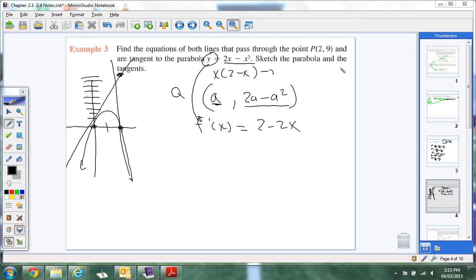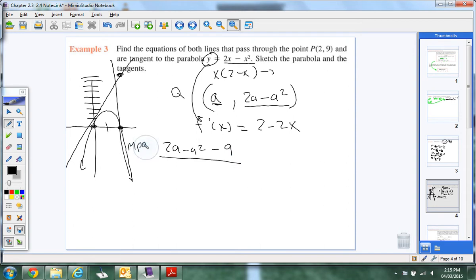Okay, so now we're going to look at it with respect to this point. We're going to get the same thing, so we're just proving it, but I'll set it up here. If I did y minus y over x minus x, like this, it's 2a minus a squared minus 9 over a minus 2. This is for the slope, and we're calling this point PQ. These are a's. Okay, and that's a 9.